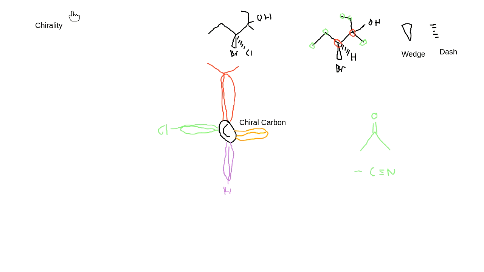All right, so the second aspect of this, you have to rank all of these groups by weight, okay? And you assign a number, once again based on weight. So out of chlorine, hydrogen, methyl, isopropyl, which one is the heaviest group?